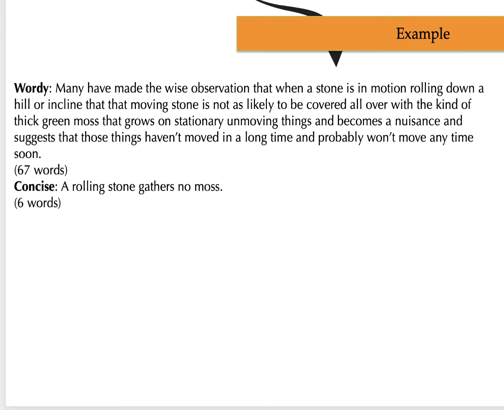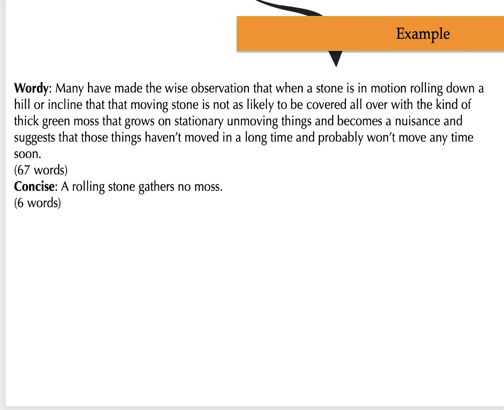And let's look at another one. Well, that's really quite a long one, but many have made the wise observation that when a stone is in motion rolling down a hill or incline, that moving stone is not as likely to be covered all over with the kind of thick green moss that grows on stationary unmoving things and becomes a nuisance, and suggests that those things haven't moved in a long time and probably won't move anytime soon.